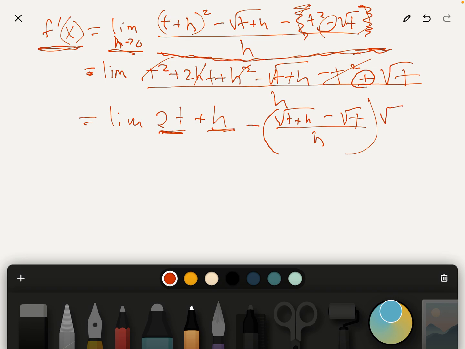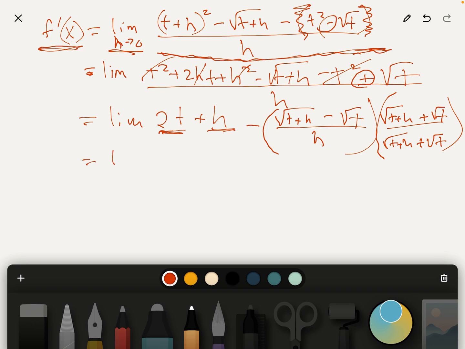So this is going to be times the quantity t plus h plus the square root of t over the square root of t plus h plus the square root of t. All that's in parentheses.